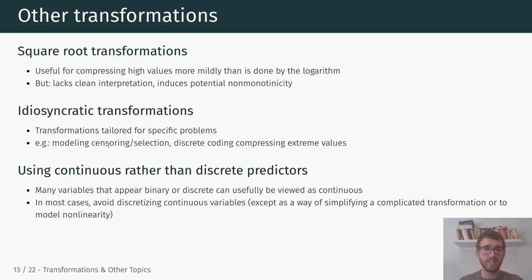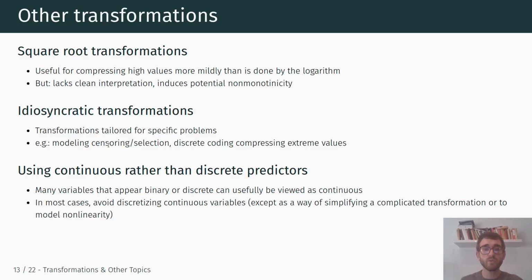And so in most cases we want to avoid converting underlying continuous variables into discrete categories because oftentimes we just throw away information. In some cases it's necessary to transform continuous measures into discrete categories, for example, to simplify a more complicated transformation or to take into account potential nonlinearity and so on.